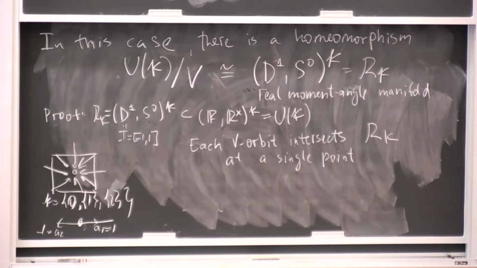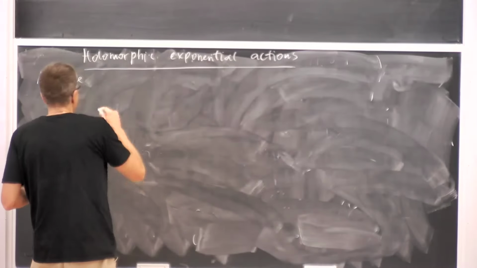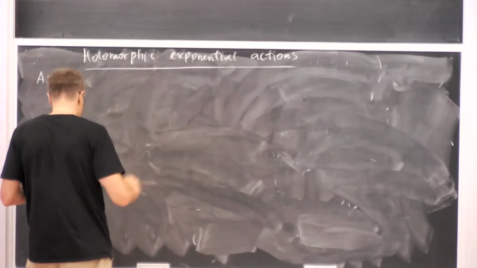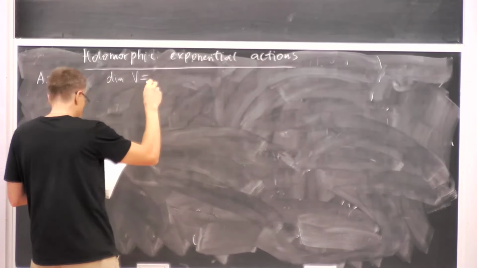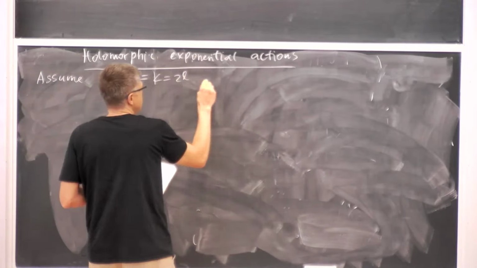Now you can put even more geometry by making everything holomorphic. For that, we need to assume that the acting space is even dimensional.